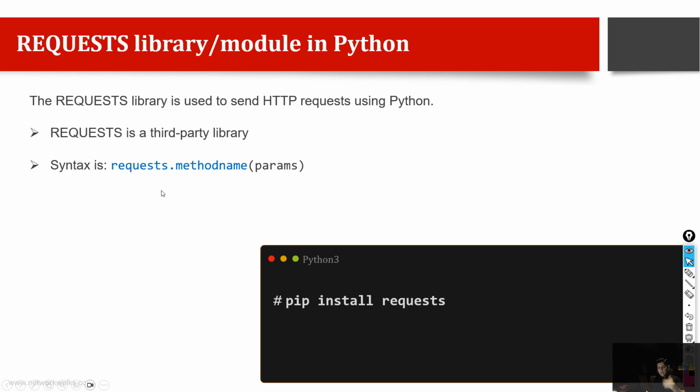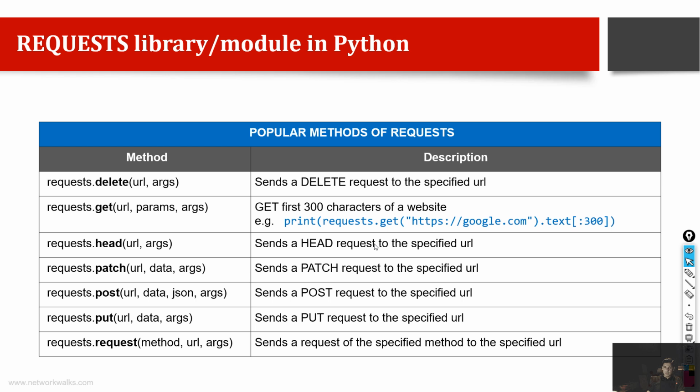And then if you have to use the functions of the requests library, it's very simple. You have to write requests, definitely the request library, and then the name of the method, and if you want to pass some parameters. Let me show you how many methods there are in the requests library. Here we have delete method.